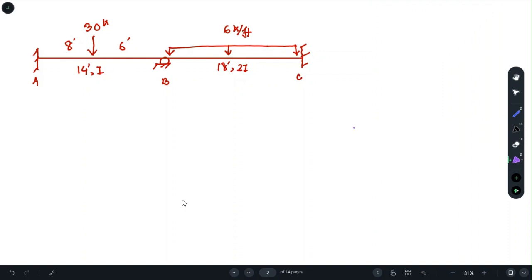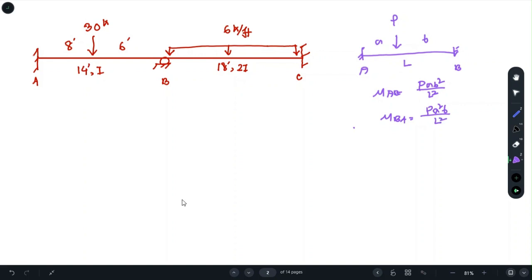For that, we need to know the formula. Say it's fixed this way, and we have a load of P, the distance here is A and the distance here is B, and the total length is L. Then the moment here at point A, in the direction of B, is P A B squared over L squared, and the moment in BA direction is P A squared B over L squared.